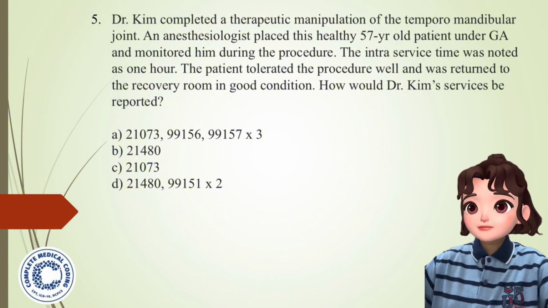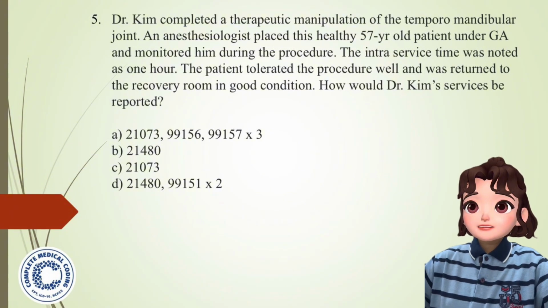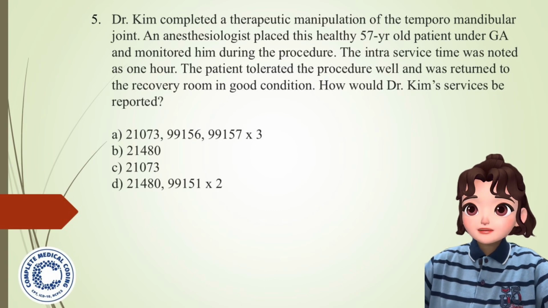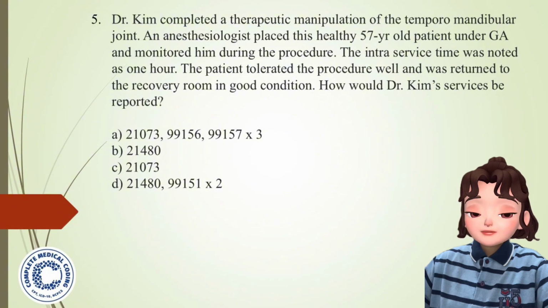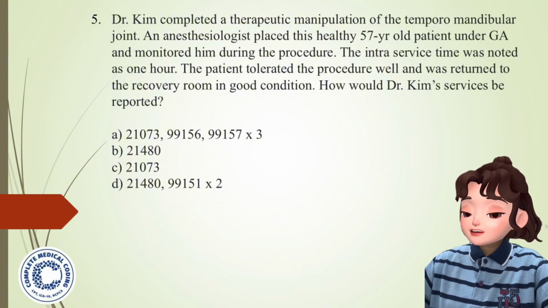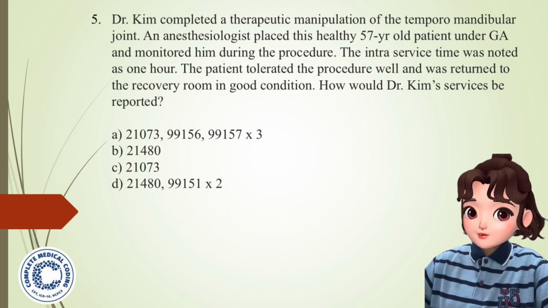Okay, so let's move to the options. Let's find out the CPT code first. So what is 21073? The first CPT code 21073, which means manipulation of temporomandibular joint. You may get the short form also as TMJ, temporomandibular joint.